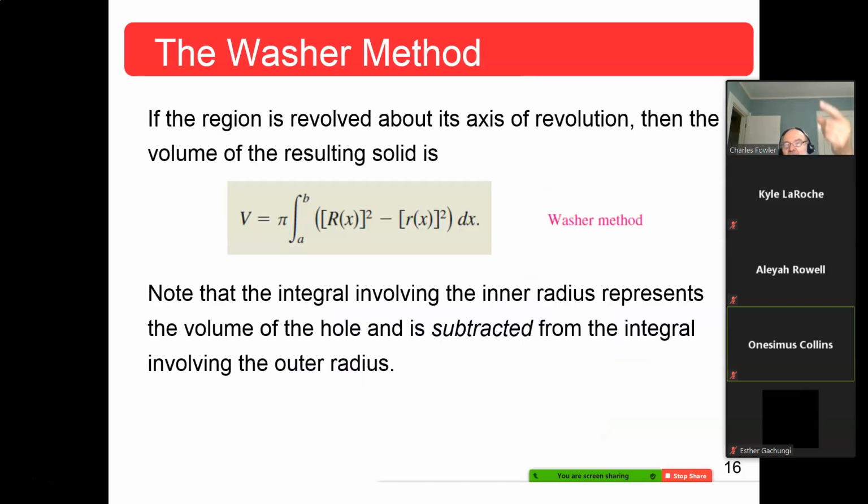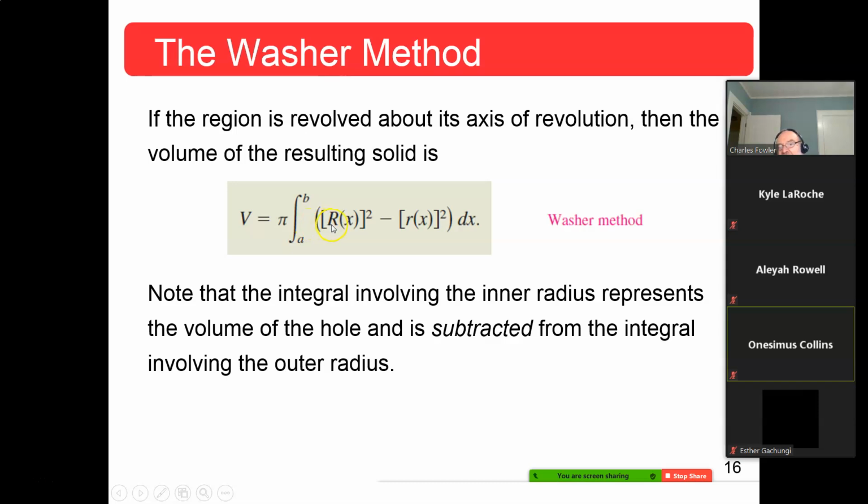If the region is revolved about the axis of revolution, which is not part of the shape itself, then the volume of the resulting solid is, again, the pi is on the outside, and then the radius squared of the bigger washer times its dx, minus the radius squared of the little washer, the inner washer, times its dx.